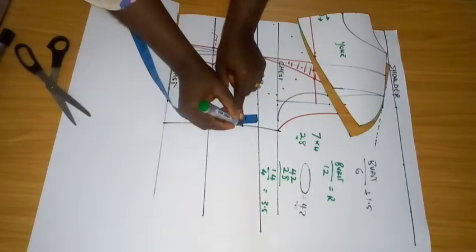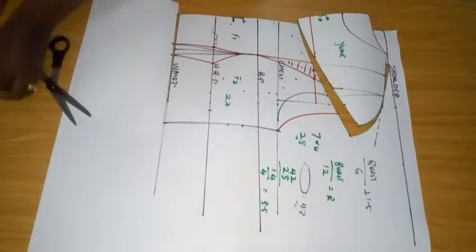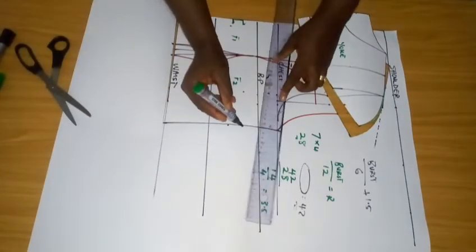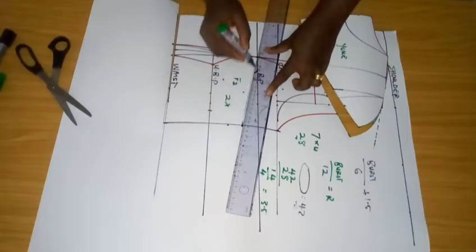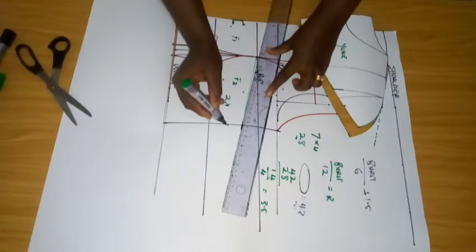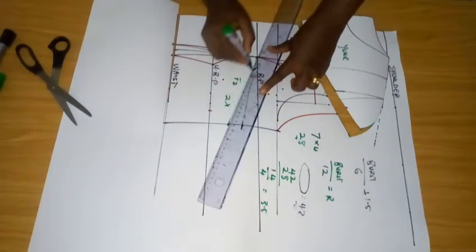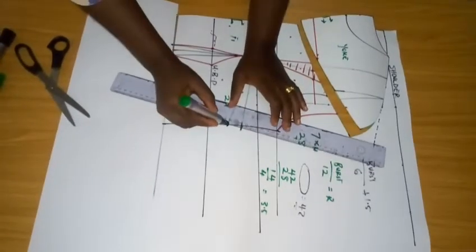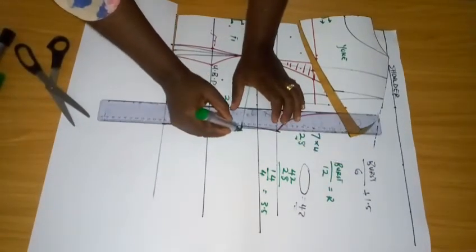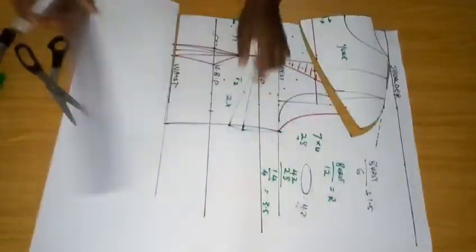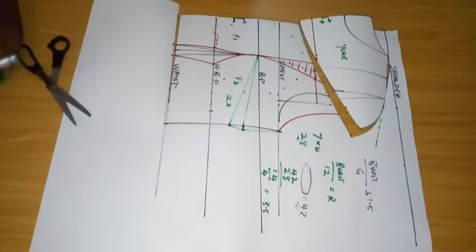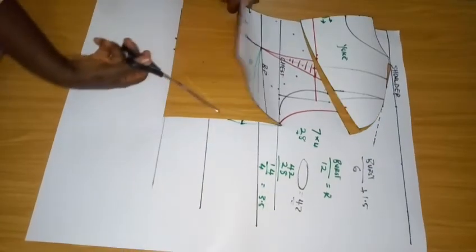So I'll share the 2 inches by 2, that is 1 inch, 1 inch. I will connect and come out by 0.5 or 0.75. I'll connect back, bring this back to the 0.5 and take it back to the chest line, to accommodate my dart. This is very important.